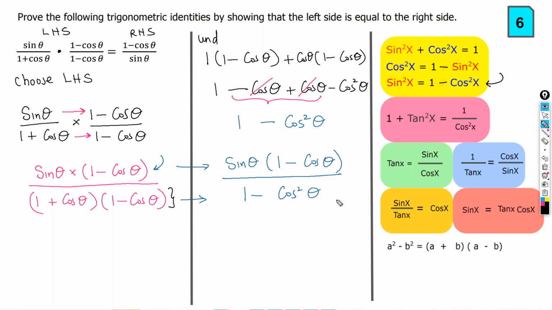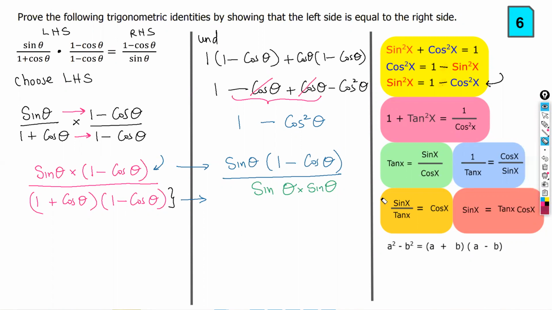I'm going to throw this away and replace it with sine squared theta. And isn't sine squared theta the same thing as sine theta multiplied by another sine theta? Instead of writing sine squared, you can write it like that.